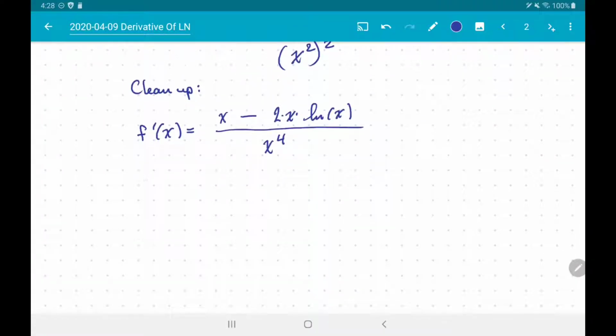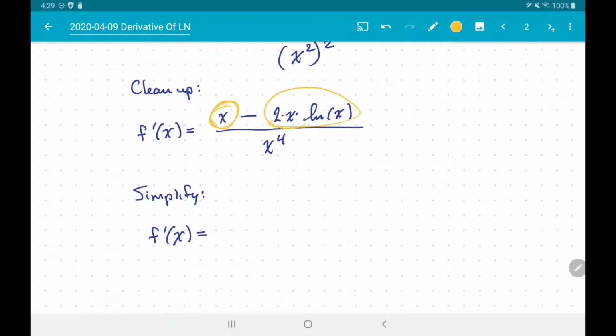Like I said, we're going to do some other stuff with this derivative, so let's simplify. Looking at the top, you can see that we've got a cluster of factors, subtraction, and another cluster of factors.